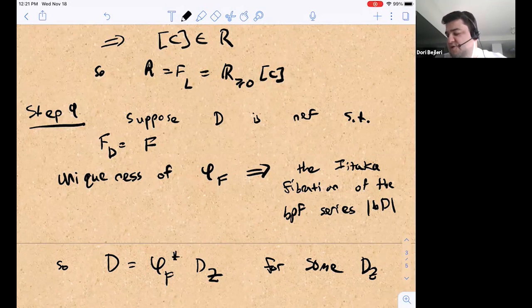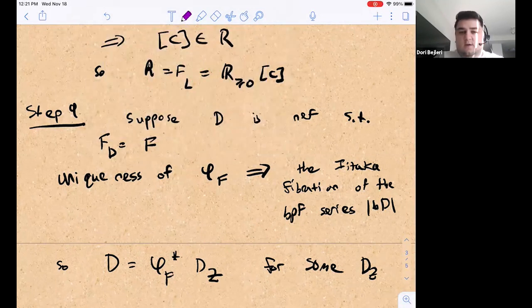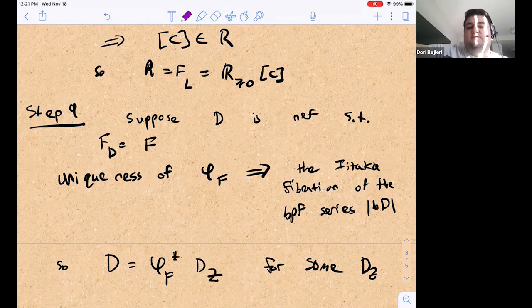Well, okay, so really, I should say one more thing. We really know that for large enough B, it's pulled back. But the point is, it doesn't matter which large enough B I take. So I can take B large enough and then B plus 1. They both, because once I stabilize, then I get the same morphism.